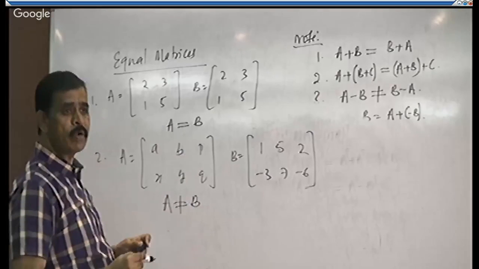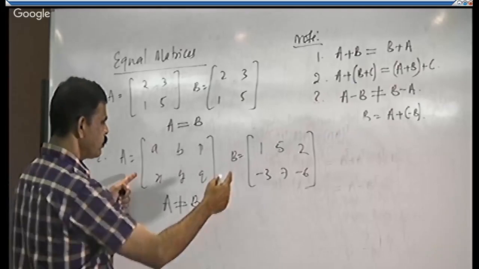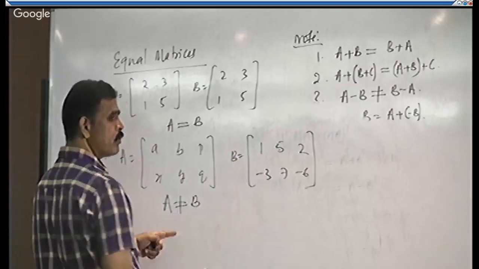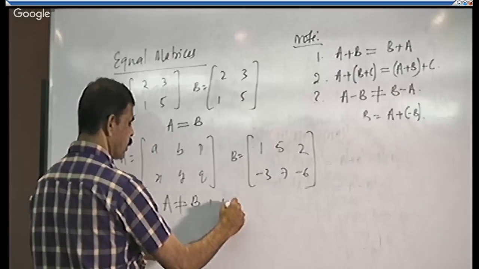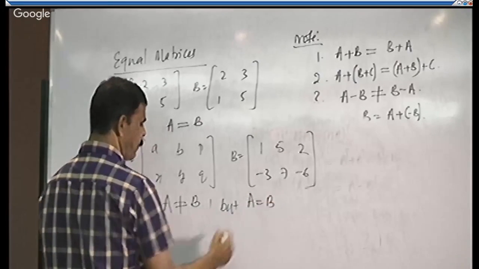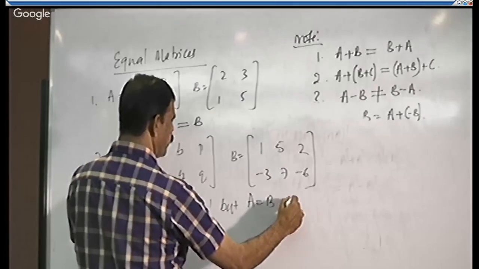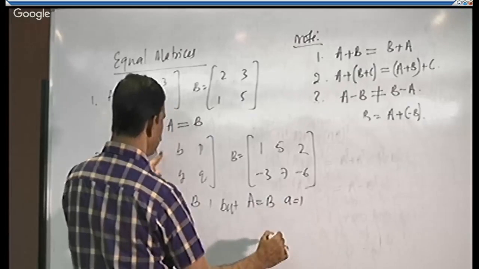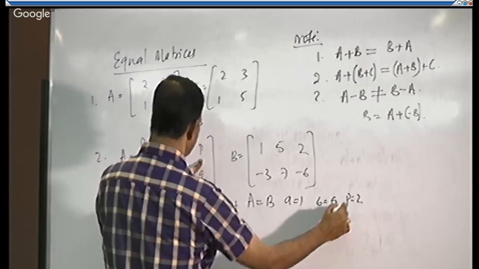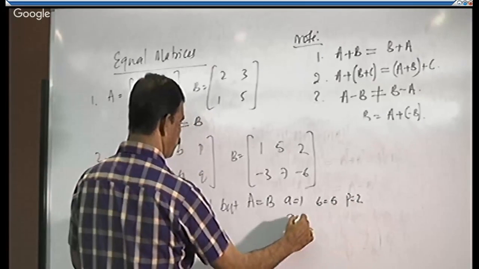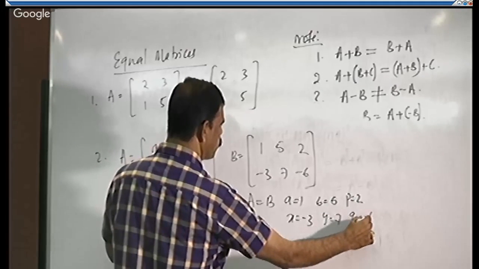Suppose if you want to make them equal, then what condition can you put? If these two matrices are not same, if you want to make them same, then what condition can you put? A is equal to B under the condition of what? If A is equal to 1, B is equal to 5, P is equal to 2, X is equal to -3, Y is equal to 7, Q is equal to -6.